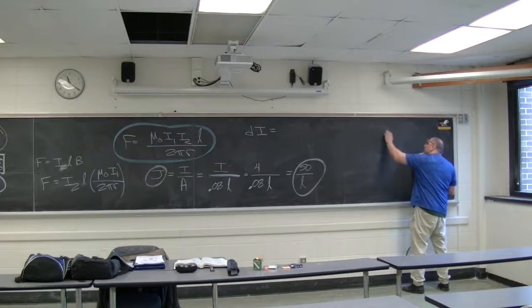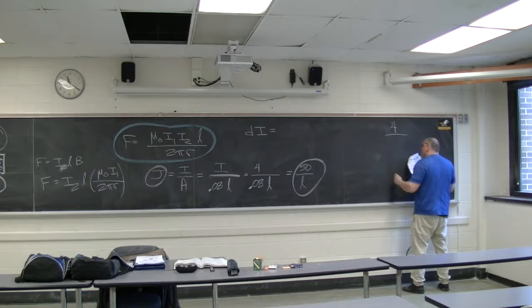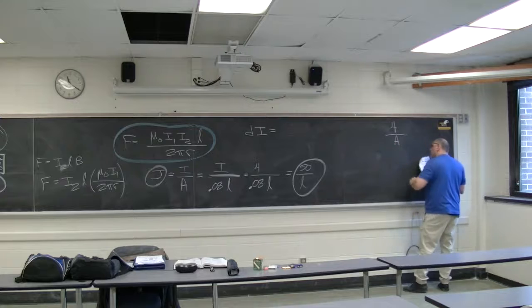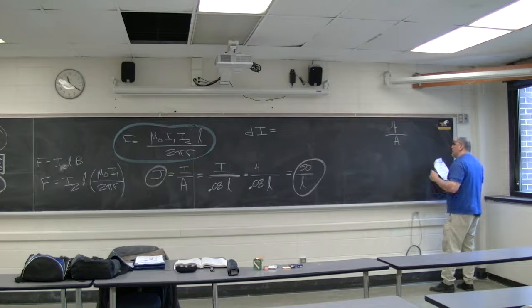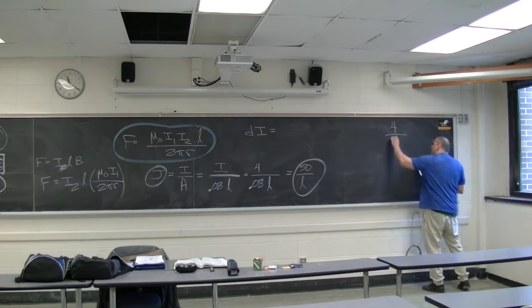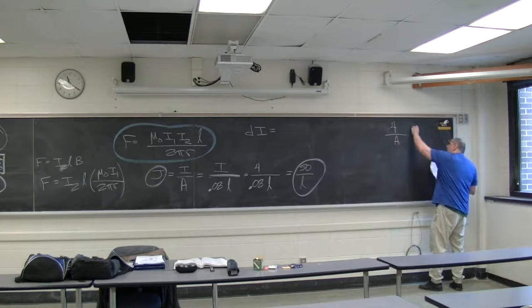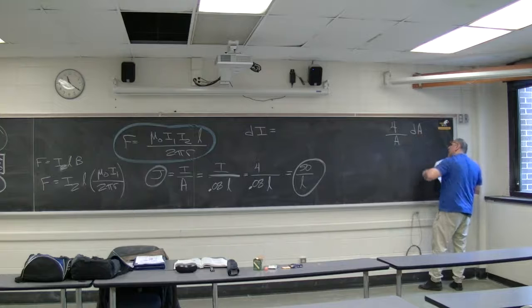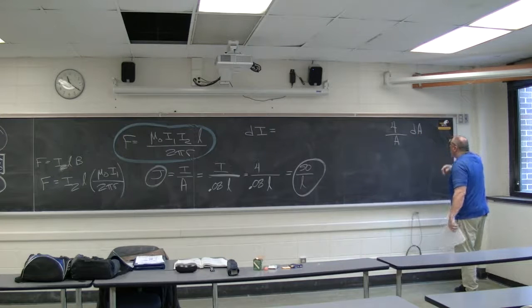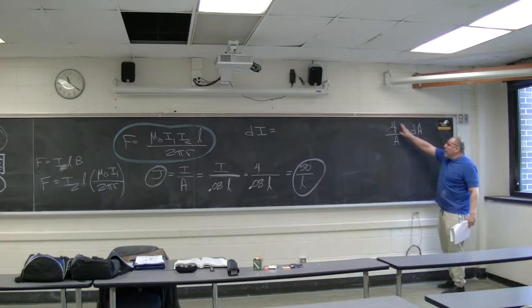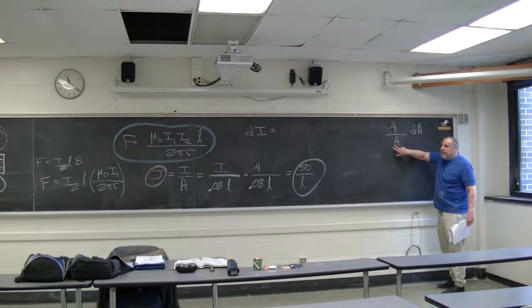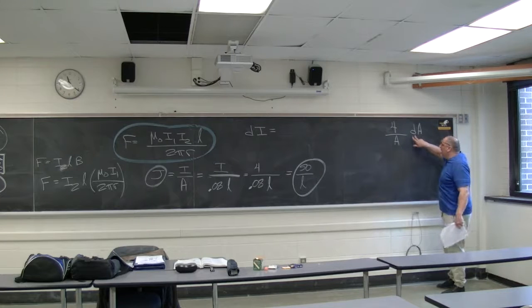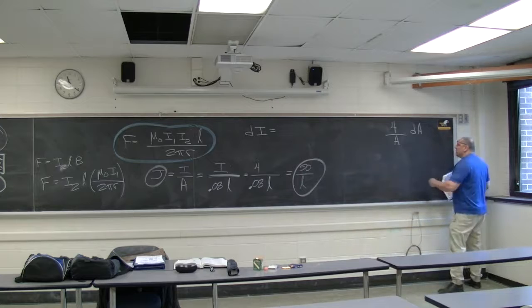If we said that there were 4 amps of current for the area that's present, 4 amps of current for the area A, and I multiplied it by dA, it's basically telling you something like this.